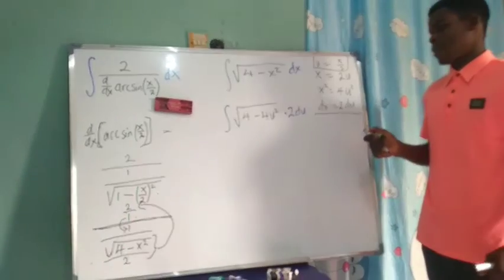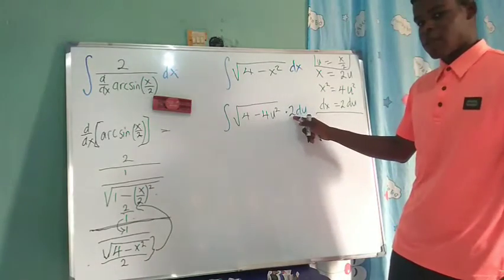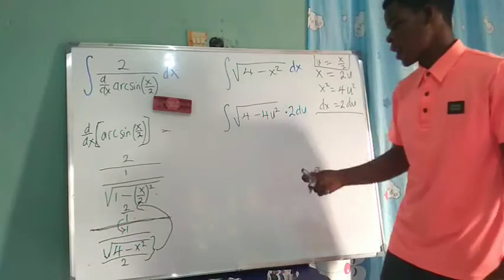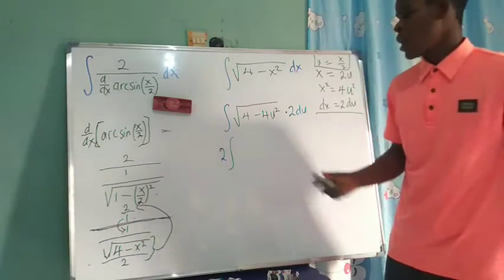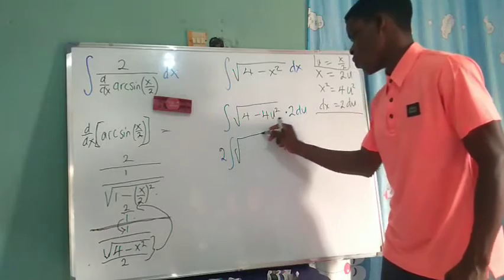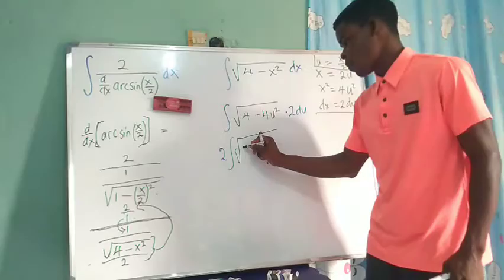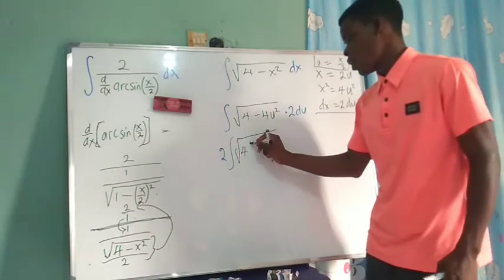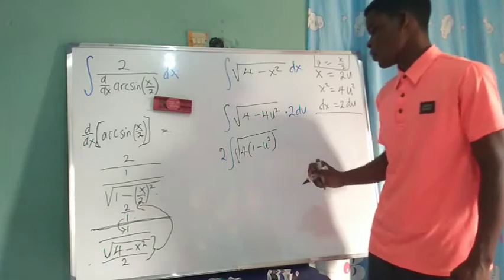Nice. Now we have a product with a constant, so we take the constant to the front of the integral sign, and we have 2 times the integral of the square root. Inside this square root, we have 4 and 4, so we can factor that out, and we get 1 minus u squared du.